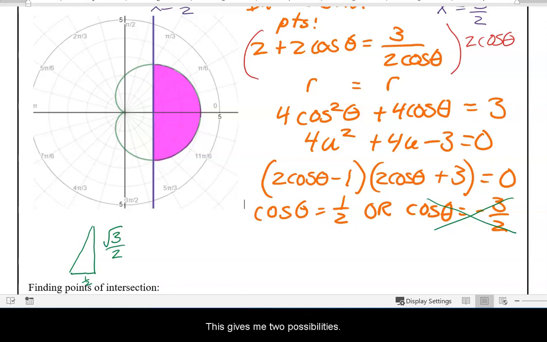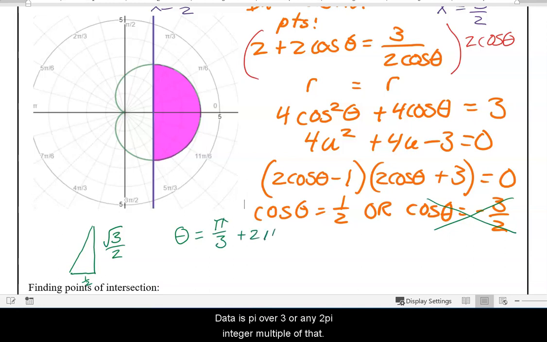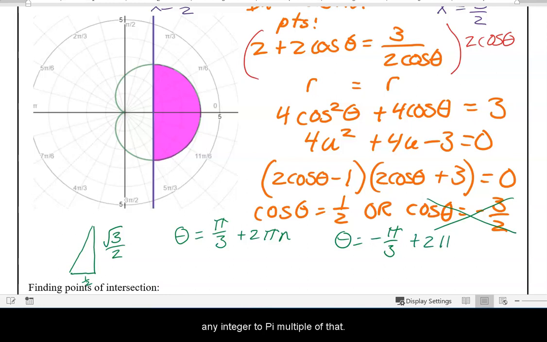This gives me two possibilities, that theta is pi over 3 or any 2 pi integer multiple of that, or that theta is negative pi over 3 in quadrant 4 plus any integer 2 pi multiple of that. This gives me some options for the angle.